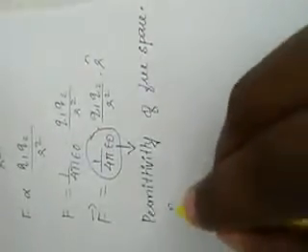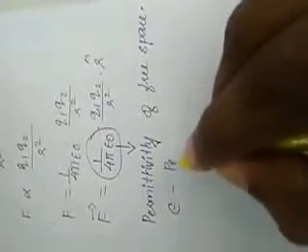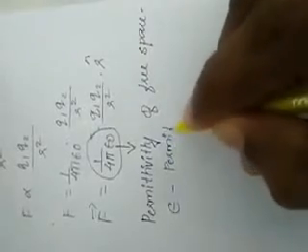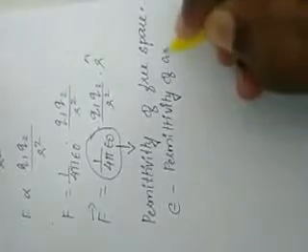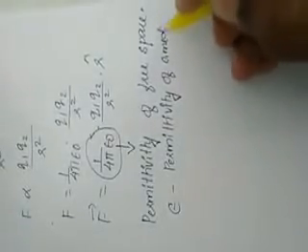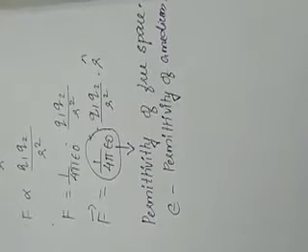Permittivity means the ability of a medium to allow the electric field. So epsilon 0 represents the permittivity of free space, and epsilon represents the permittivity of a medium. The permittivity of different media may be different. Therefore, the force of interaction between two charges in different media may be different.